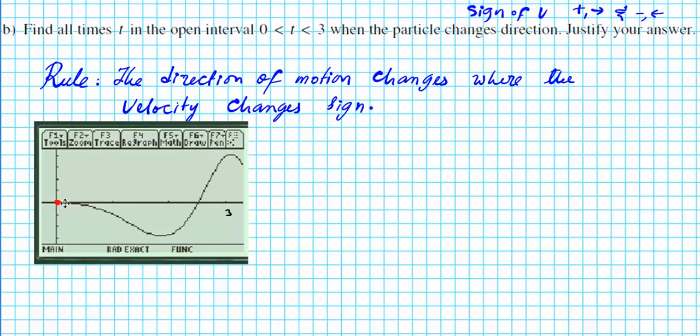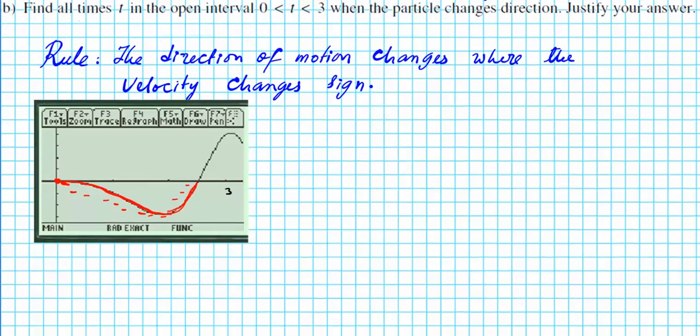It's not going back or forth. And then this entire region right here, see that? What's the sign of the velocity? The sign of the velocity is negative. All the way to this point, the sign of the velocity is negative, negative, negative. So what does that tell us?